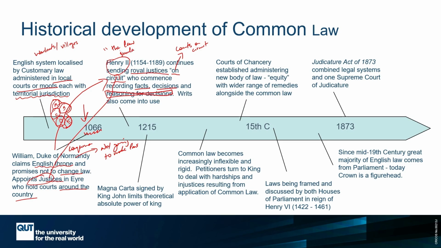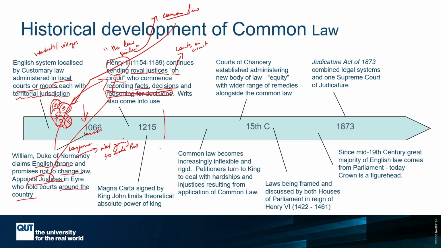They start deciding similar cases in similar ways. They make the law similar. They make the law common to all of these different areas. If you have the same judges deciding things in the same way in each area, then what you end up with is a common law between the different areas.